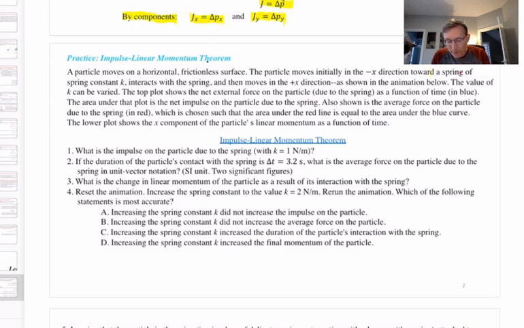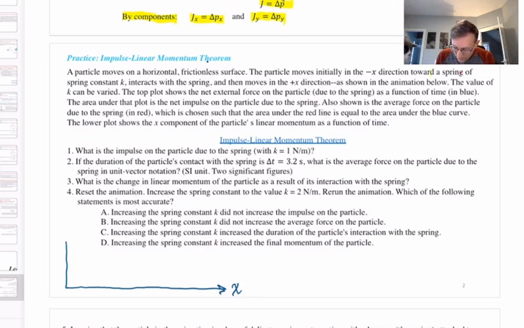We're going to be looking at a particle moving on a horizontal frictionless surface. The particle moves initially in the negative x direction toward a spring of spring constant k. So to sketch over here in the corner what's going on, there's a horizontal frictionless surface that is an x-axis.